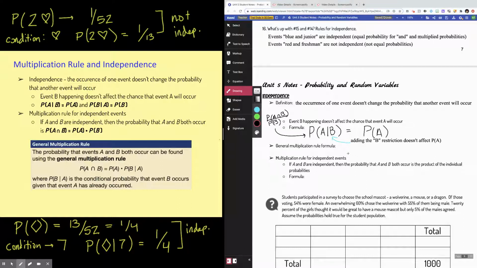So the multiplication rule is the probability of both events happening together, A and B, is equal to the probability of A times the probability of B given A. Essentially what I did here is took this probability of A, like the denominator of this fraction, except I switched it, because this is A given B and this is B given A, but it's the same idea.